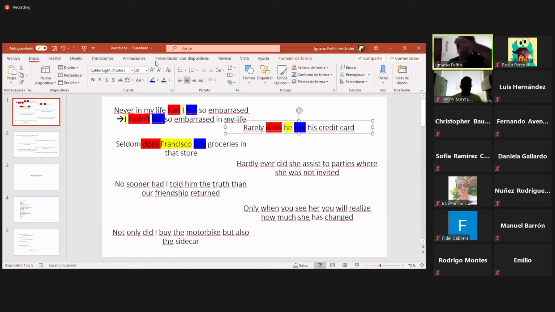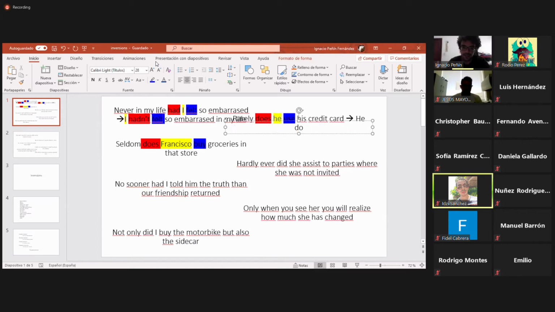How can you rewrite this one? Rarely does he use his credit card. Can you rewrite that? He doesn't use his credit card very frequently, for example. Yes.